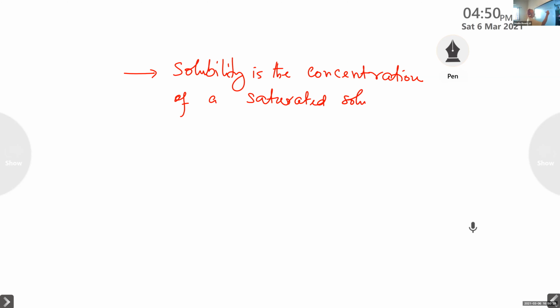The concentration of a saturated solution, that is the solubility of the solution.